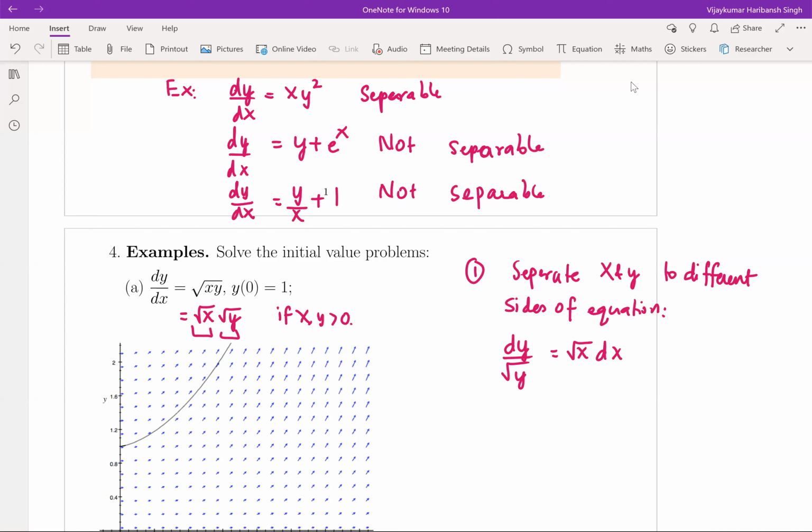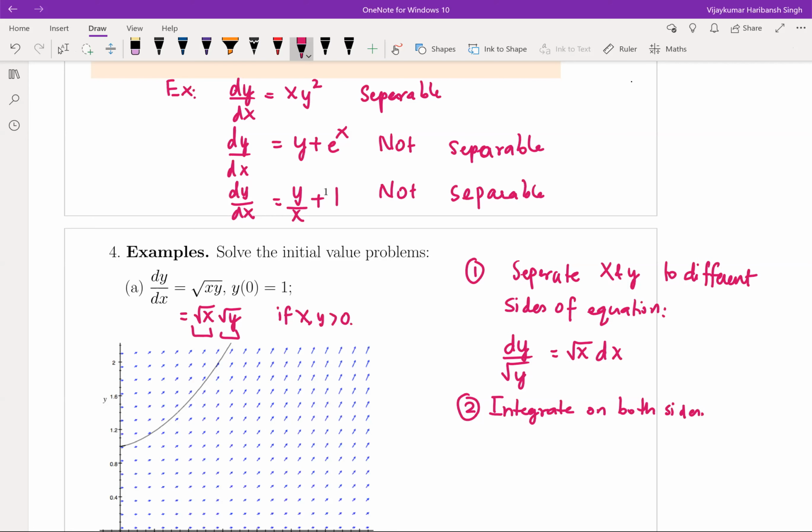Then the second step is to integrate on both sides. We have the integral of 1 over square root of y dy equals the integral of square root of x dx.